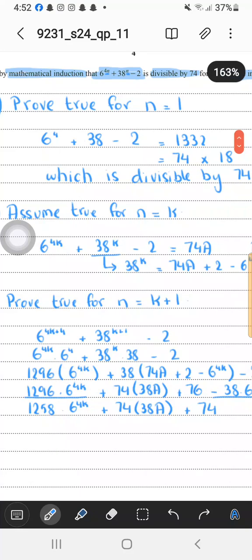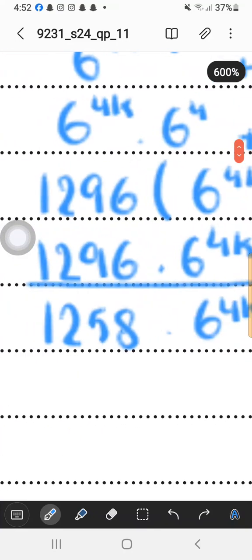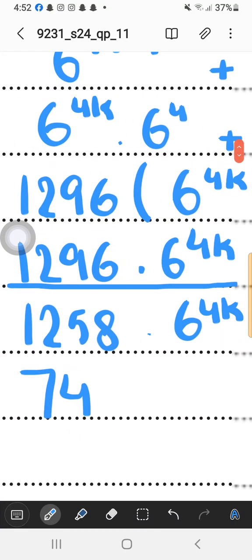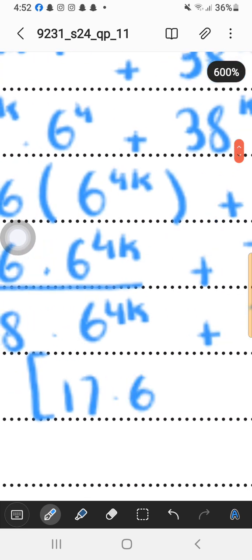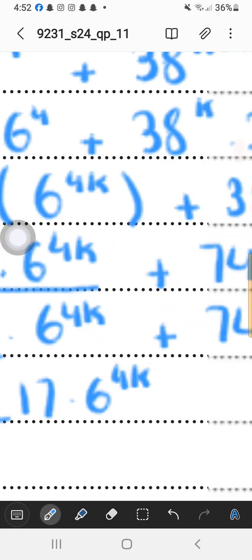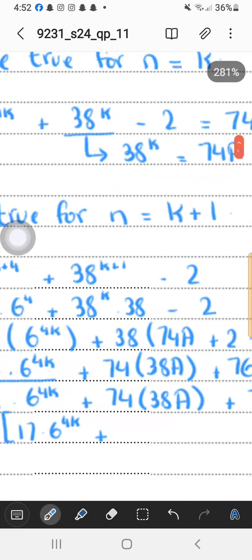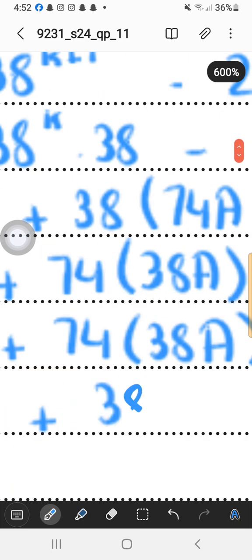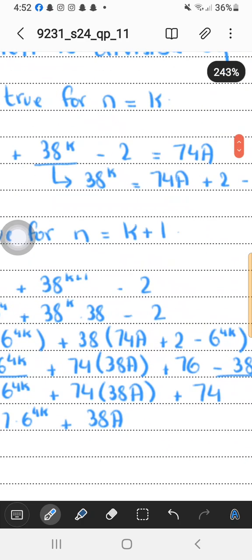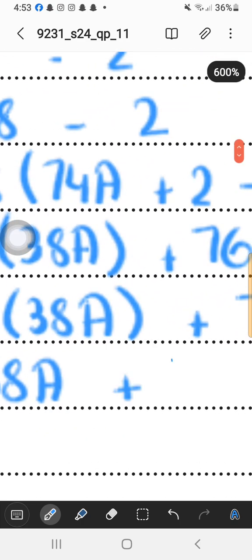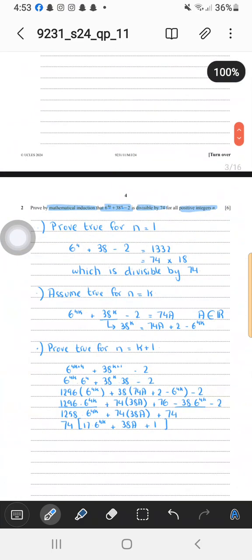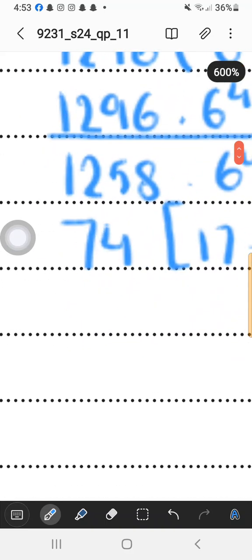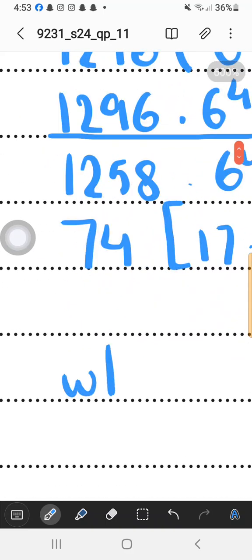So here we will take 74 common, so it becomes 74 bracket 17 dot 6^(4k) plus 38a plus 1, and now we can write which is divisible by 74.